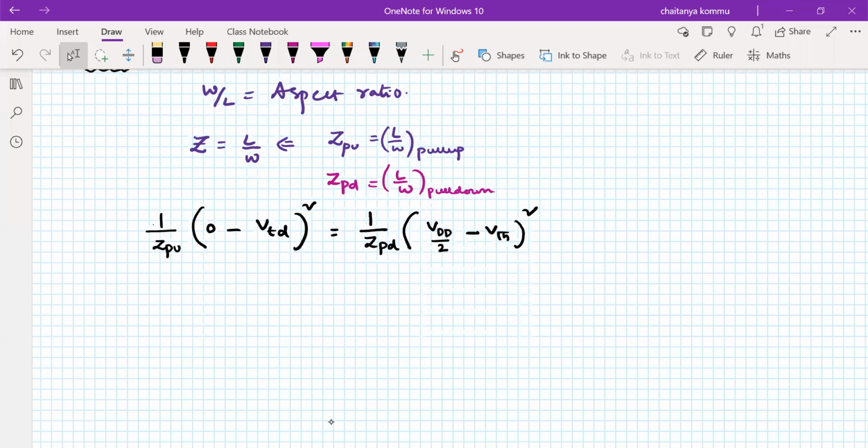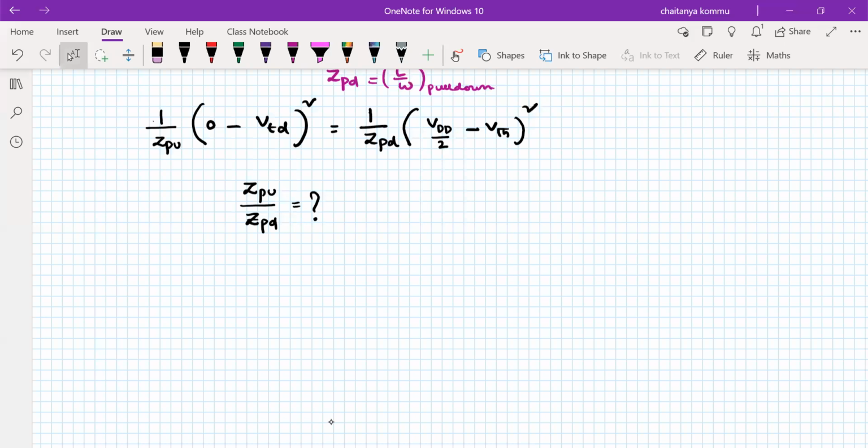Yeah. Now, I will write it in this way. I want to find out the ZPU divided by ZPD value, which is equal to n. For that, I have to turn this one to this side.